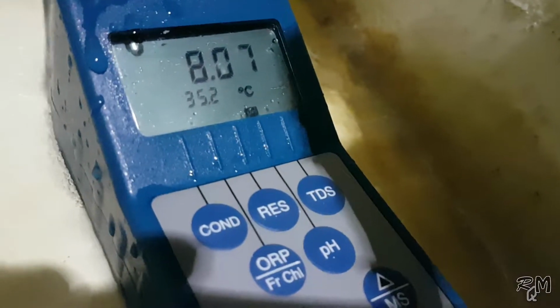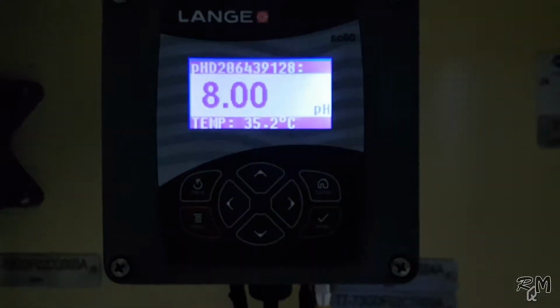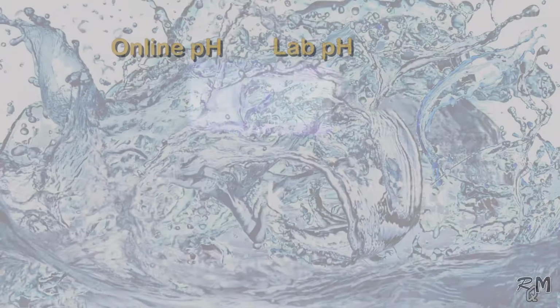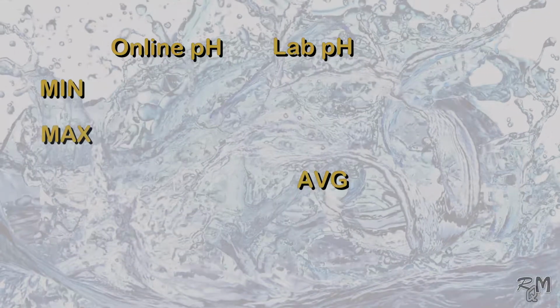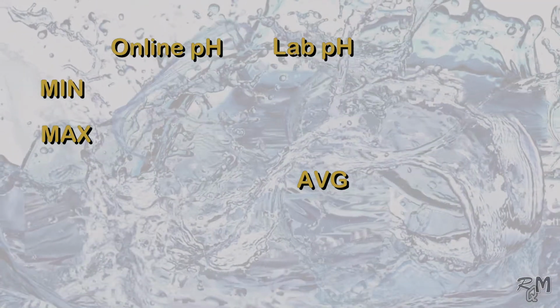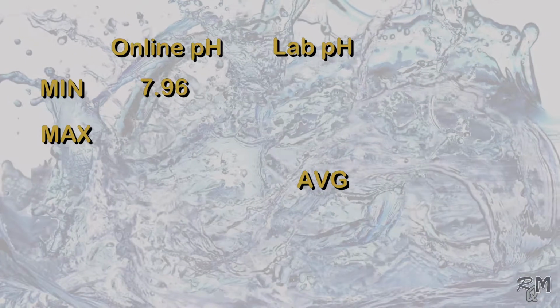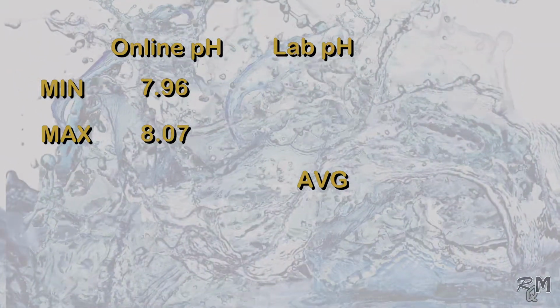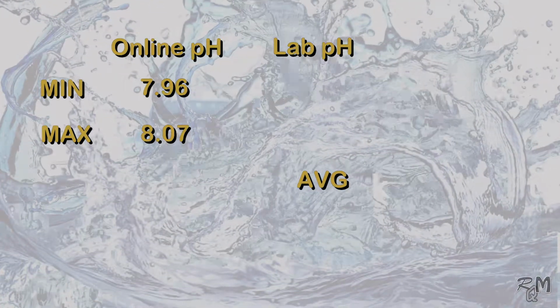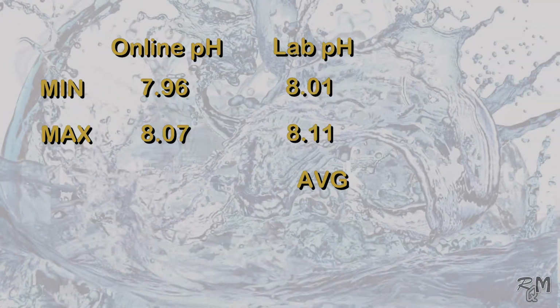Okay, during process calibration, keep an eye on both readings and note down the deviation in both readings. If there is fluctuation in the process, then note down the deviation in minimum readings and maximum readings and take the average of both. For example, the online pH analyzer reading is fluctuating between 7.96 to 8.07 pH, and at the same time the standard lab pH meter reading is fluctuating between 8.01 to 8.11 pH.